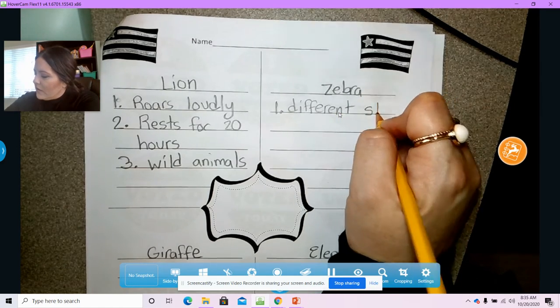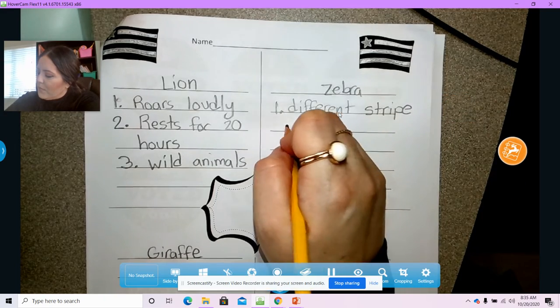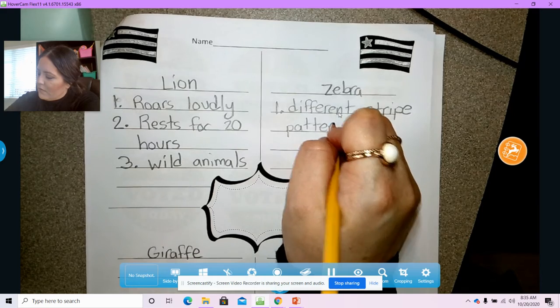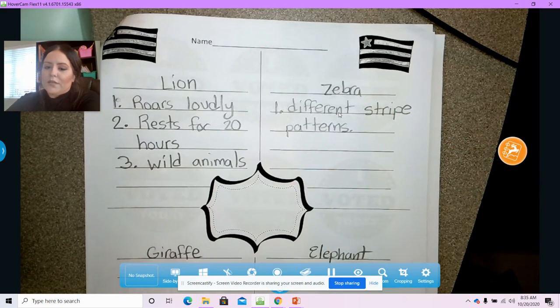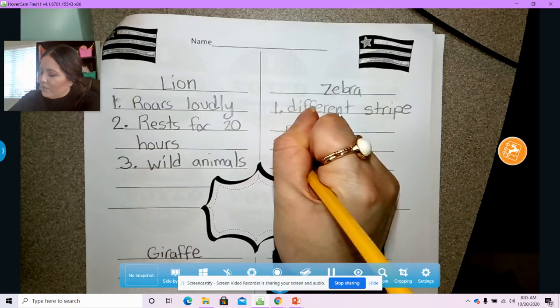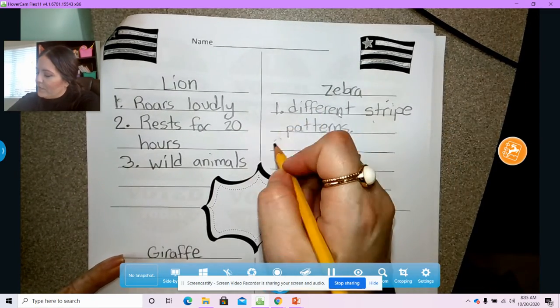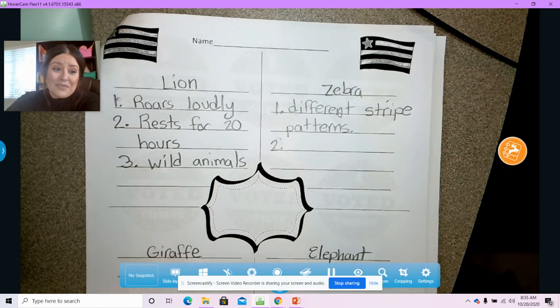Different stripe patterns. Okay, what else do we know about the zebra? They sleep standing up.